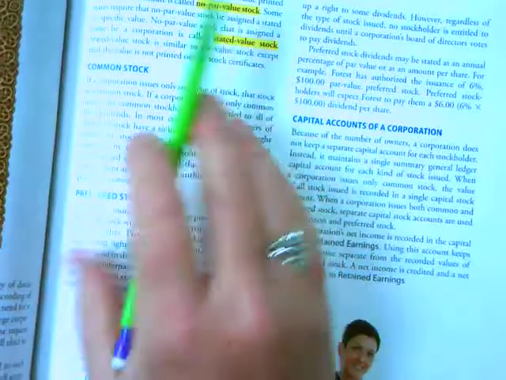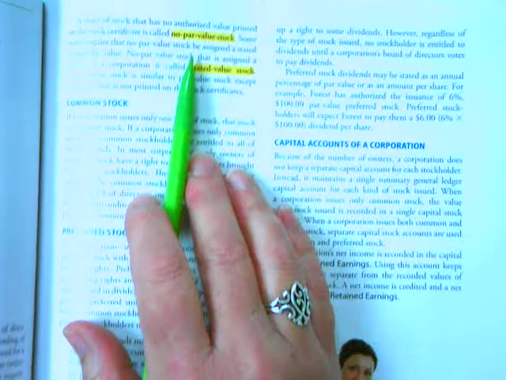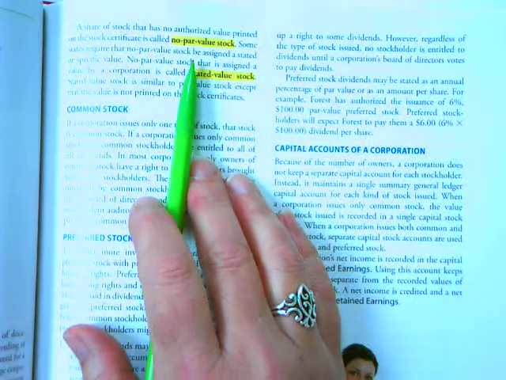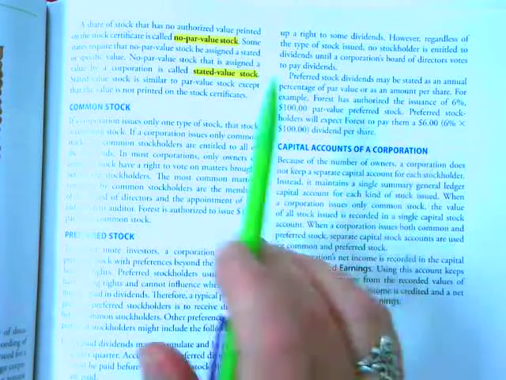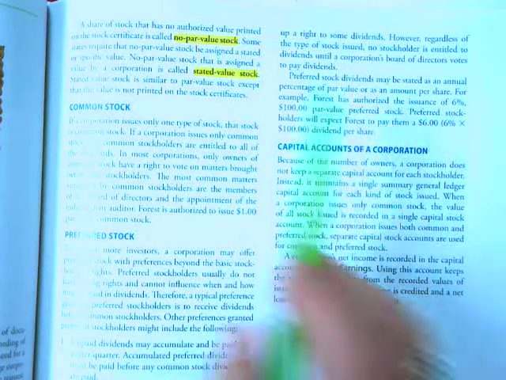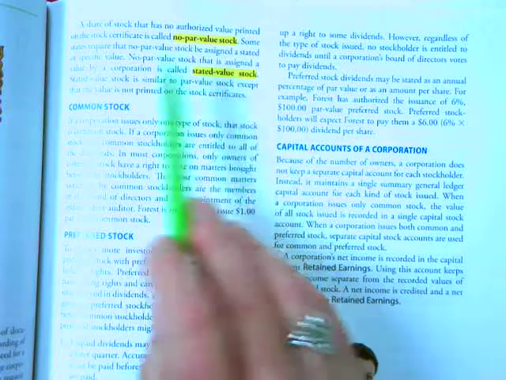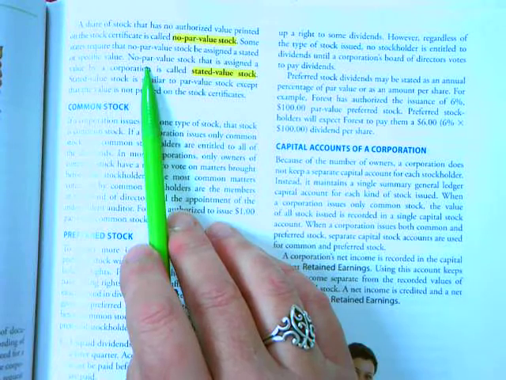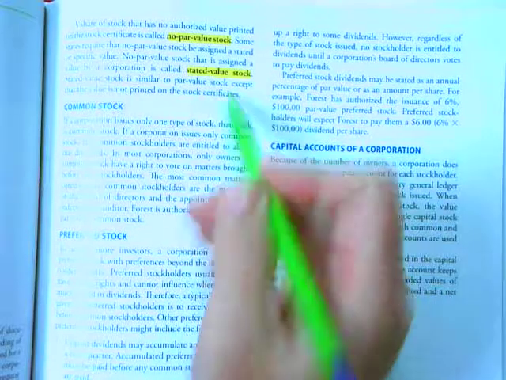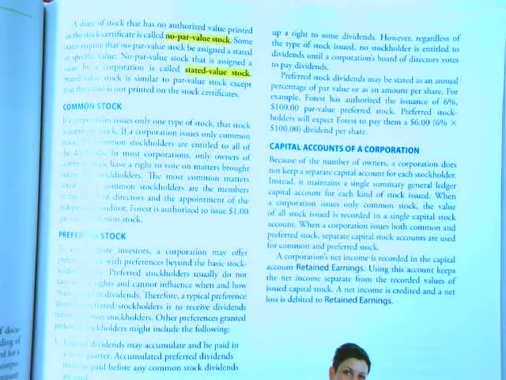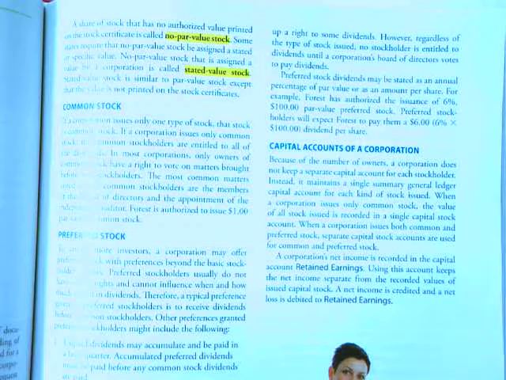There's a no par value. That means we're just going to value it at whatever it's being purchased at that moment in time. And then stated value stock is a non-par value stock with a stated value, which we're going to treat in our transactions just like a par value stock.